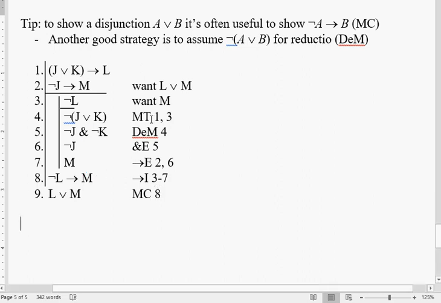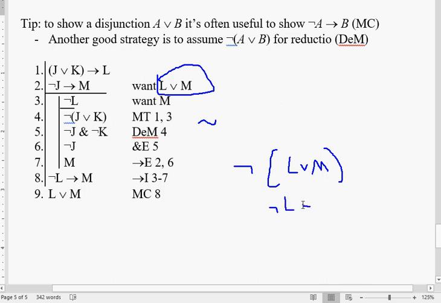Okay. By the way here, what I could have done here is I could have assumed negation, I could have assumed not (L or M). I could have assumed that for reductio, and then by De Morgan's I get not L and not M. And then with not L I could have done something similar to what I got here.